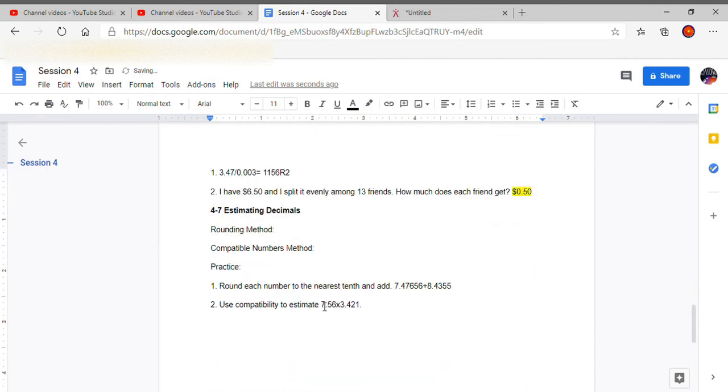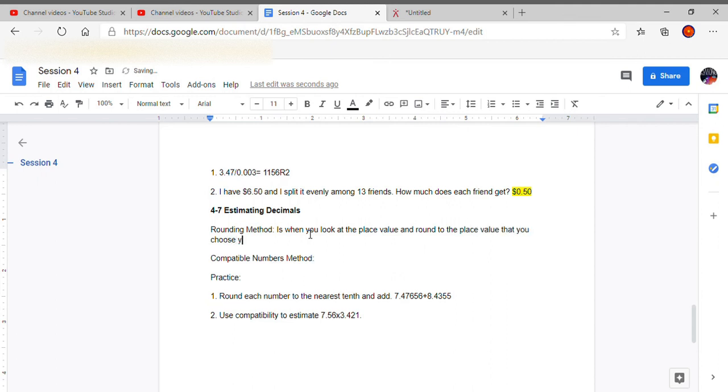Now, on to the last topic of today, 4-7, estimating decimals. Rounding method is when you look at the place value and round to the place value that you choose or you are given.